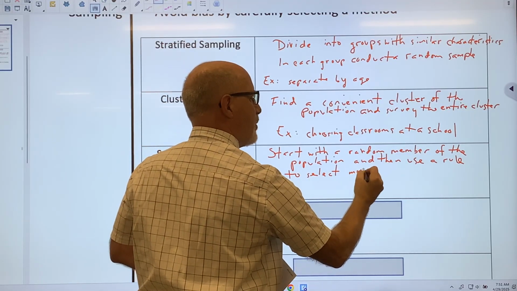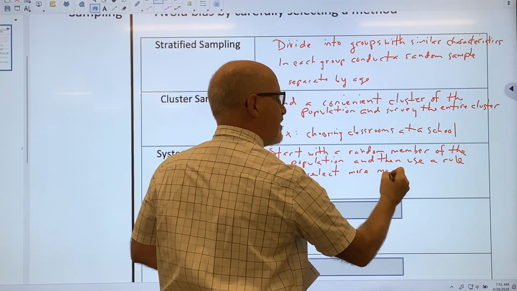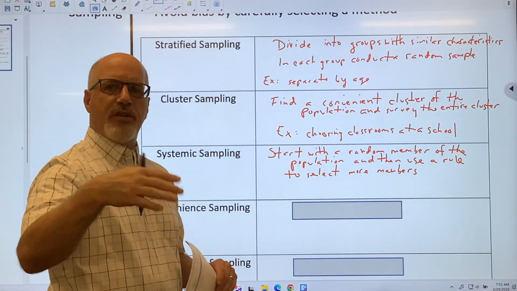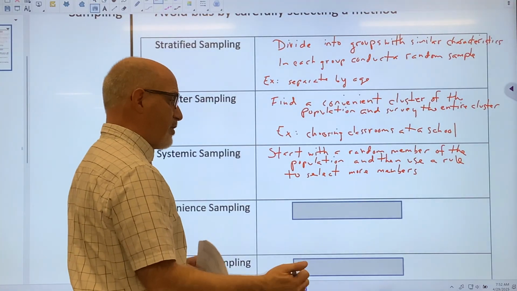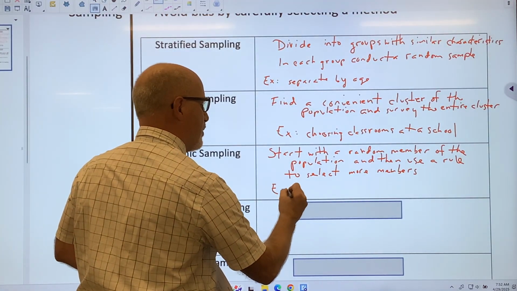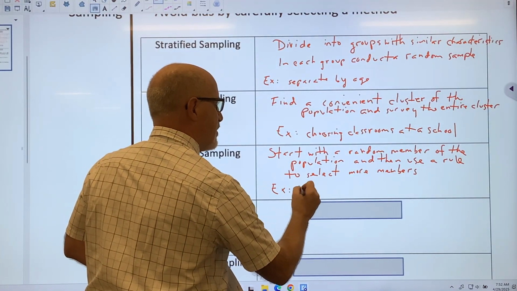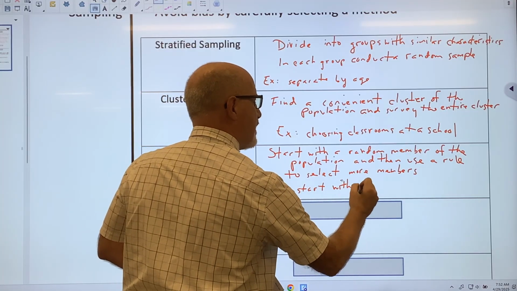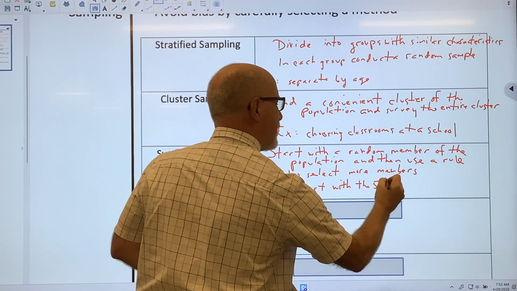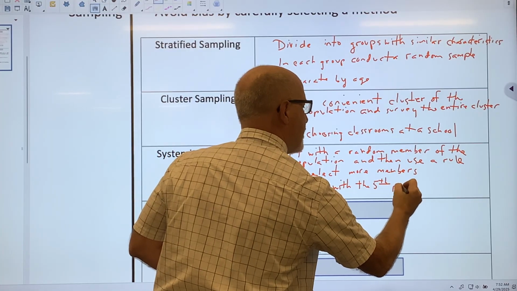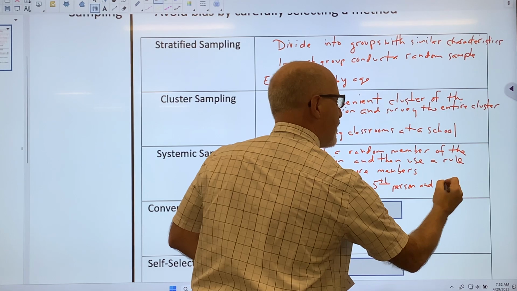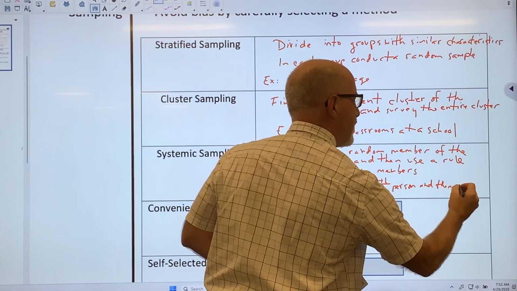This is usually where you have a list of the members of a population, and then you just go down and select, for instance, every third member. So for example, start with the fifth person, and then every third person after.